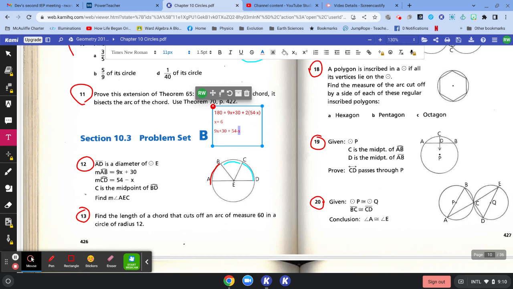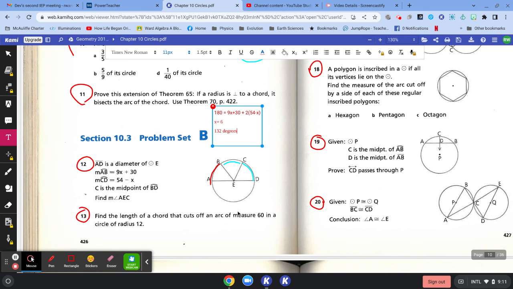And we know x is 6, so we replace x with 6 everywhere it shows up and do the math. 9 times 6 is 54. 54 plus 30 is 84. 84 plus 54 is 138. And then we subtract 6, and 138 minus 6 is 132 degrees.